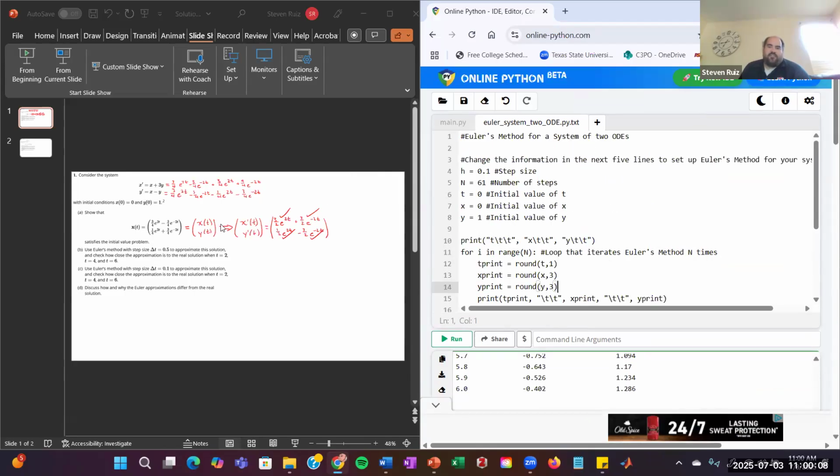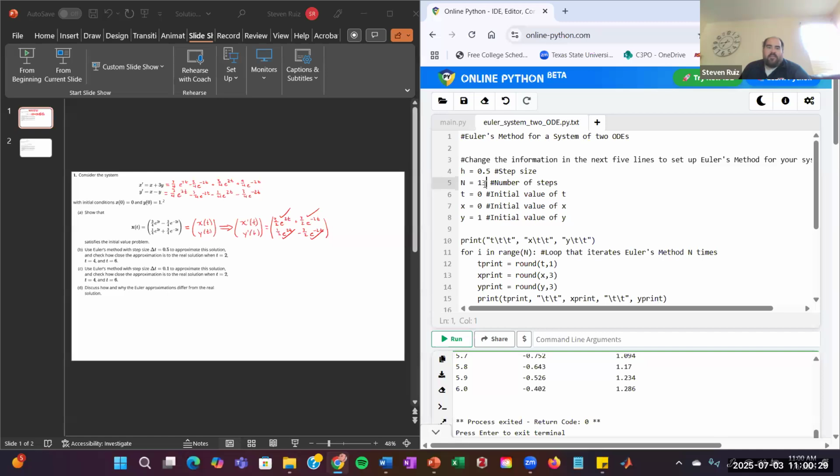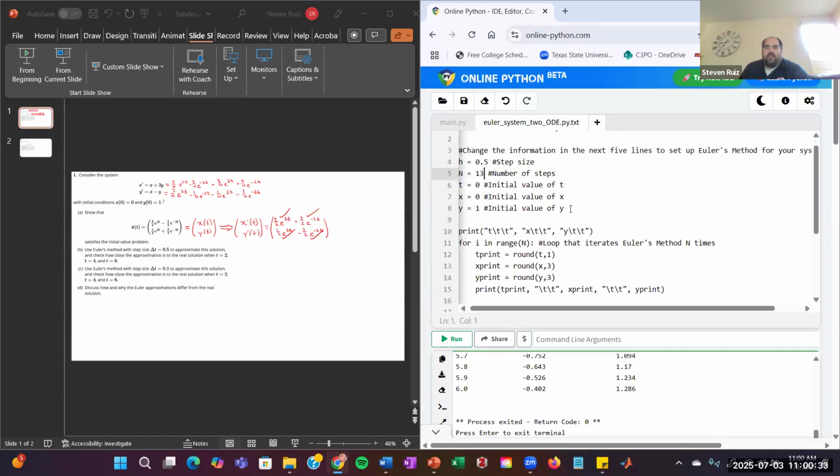For this first part, I want to use a step size of 0.5. I want to approximate to 6 seconds, so I think I need 13 steps. Initial value for t is 0, and my initial values for x and y are 0 and 1.